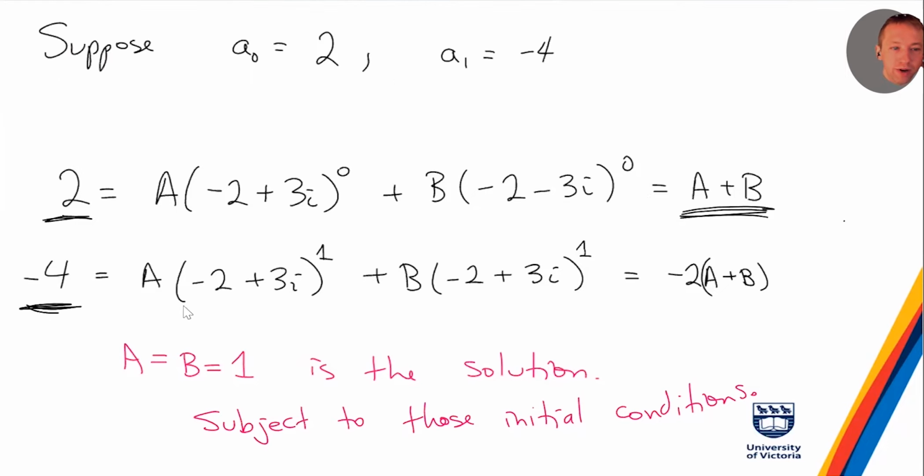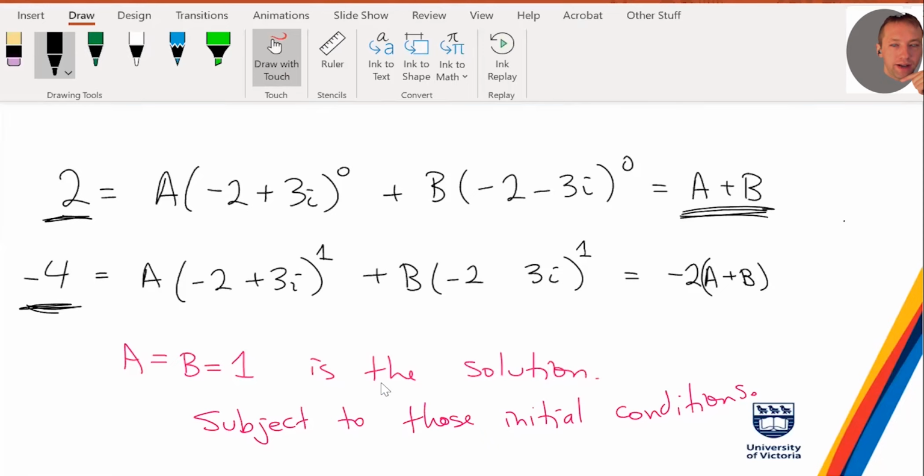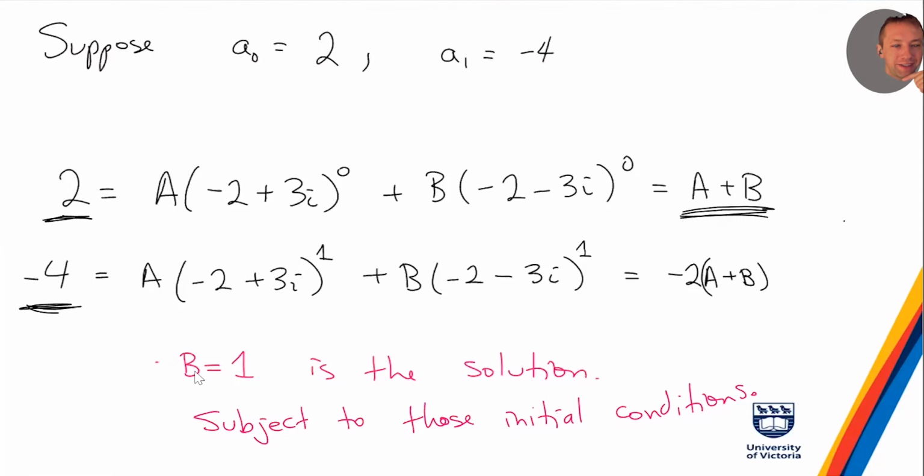For a1, you have negative 4 equals, raise these things to the first power. Oh, I've messed up a few things here. That should be a negative 3i. Let's ignore this for a second.